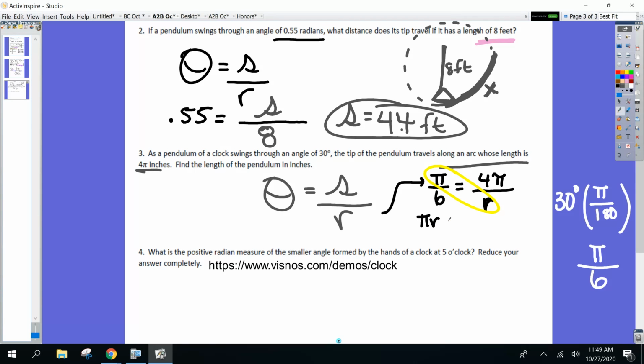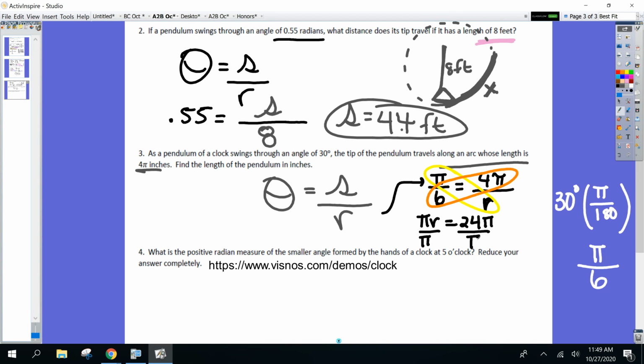Pi times R equals 6 times 4 pi, which is 24 pi. What do you guys want to do now to get the R by itself? Divide by pi.